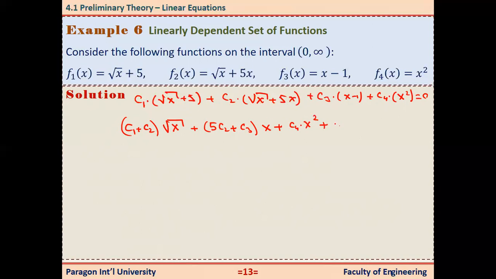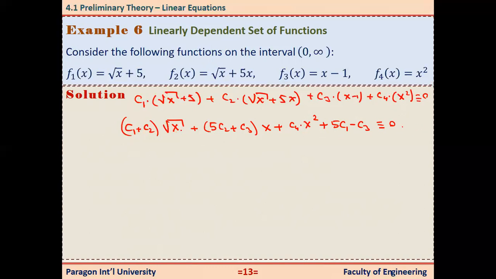What we have here, 5c1, right? And how about here? Nothing. How about here? Minus c3, and is equal to 0. Actually, it's not just equal to 0. We are saying that it is identically equal to 0, because for every x, this expression should be equal to 0, right?